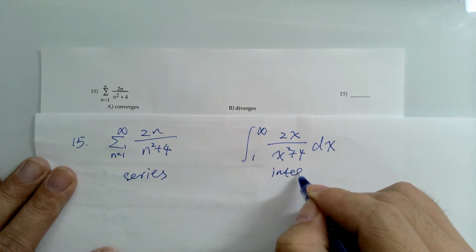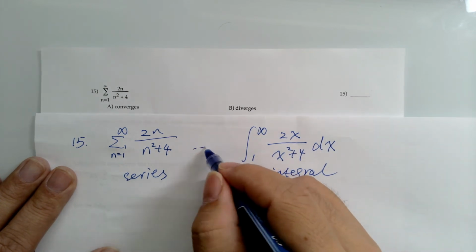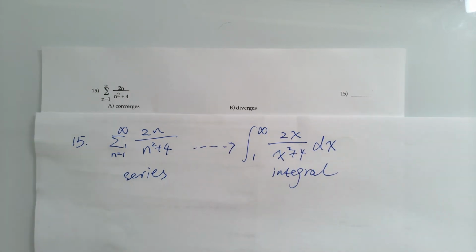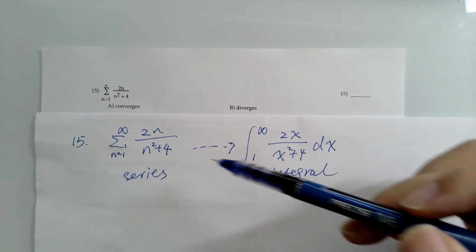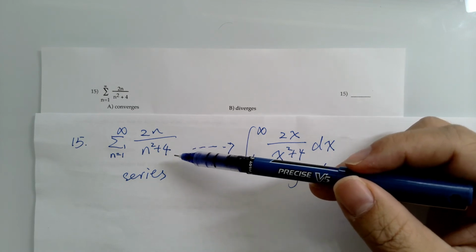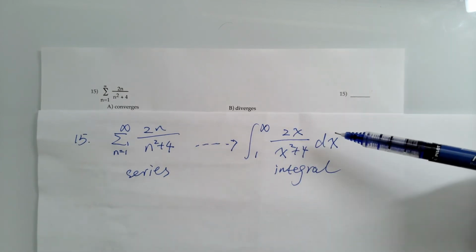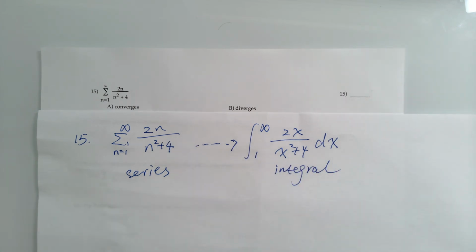That is how we transform a series into an integral. So the integral test says this: if the corresponding integral converges, then the original corresponding series converges. If the integral diverges, the same thing, the series diverges.